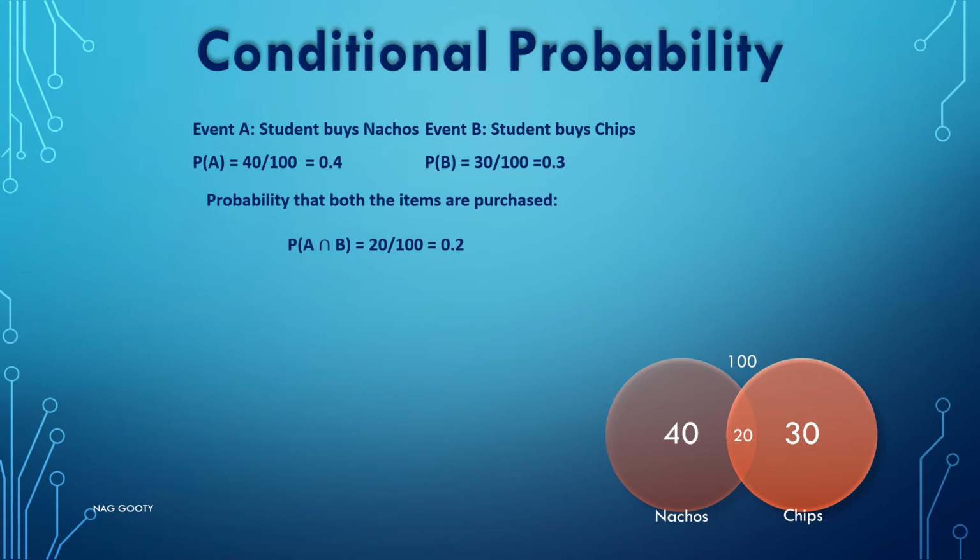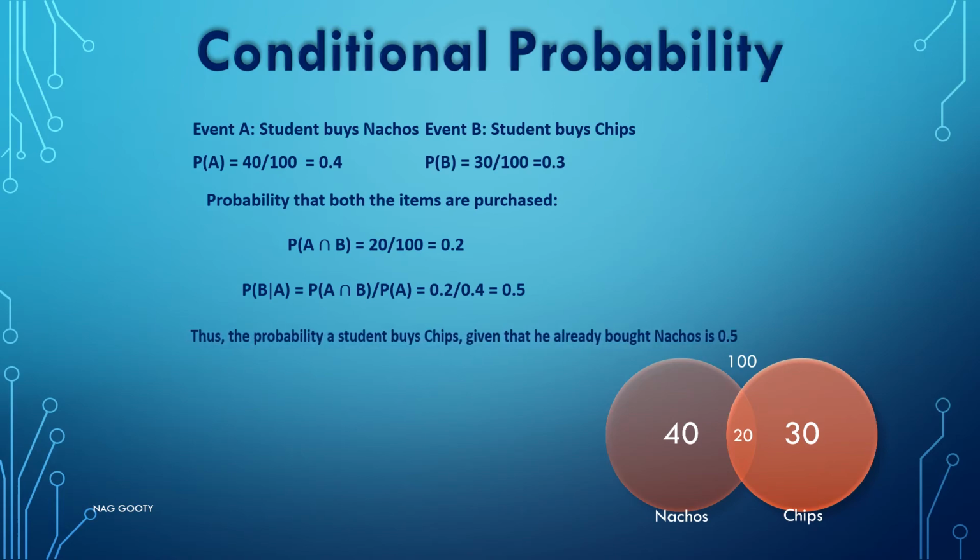Now, the probability of a student buying chips given that he had already bought nachos is represented by P of B given A is calculated as P of A intersection B divided by P of A, which results in 0.5. This is an example of conditional probability. Bayes' theorem shows the relationship between a conditional probability and its reverse form, the relationship between P of A given B and P of B given A.